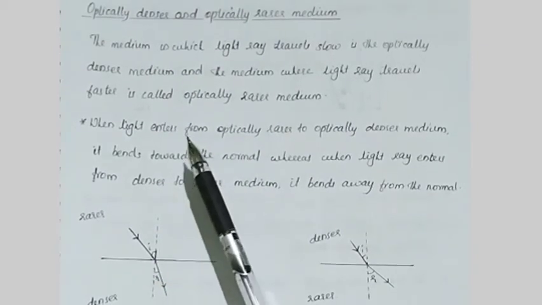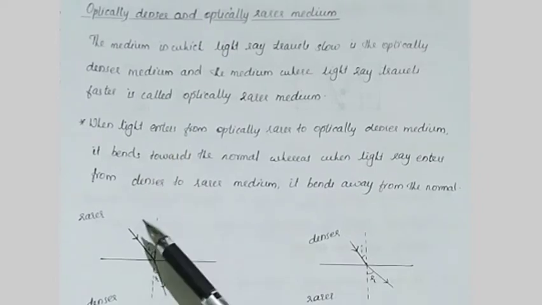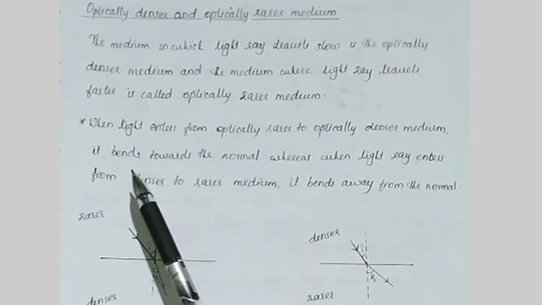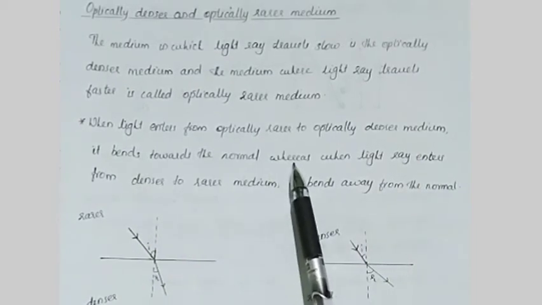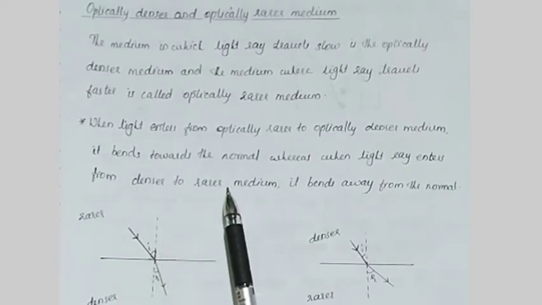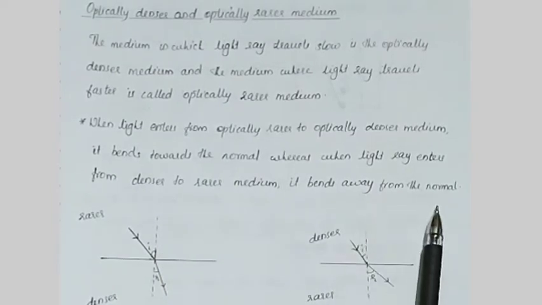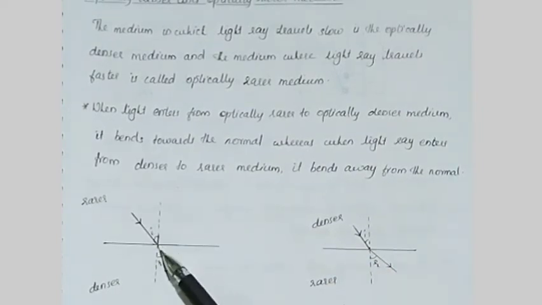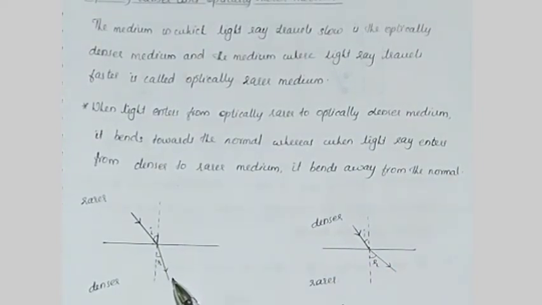During refraction, the light ray entering from one medium to another bends and changes its path. When light enters from an optically rarer medium to an optically denser medium, the light ray bends towards the normal, whereas when the light ray enters from a denser medium to a rarer medium, it bends away from the normal. From rarer to denser, the light ray bends towards the normal.